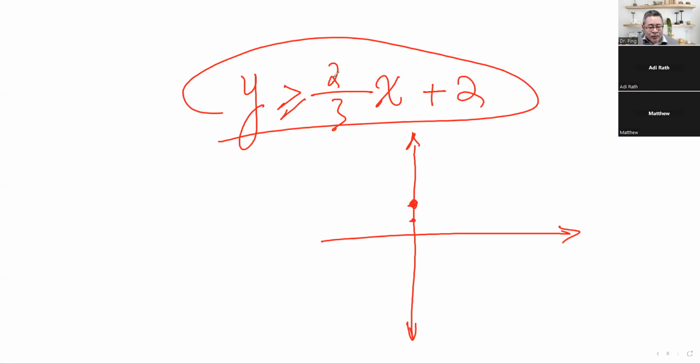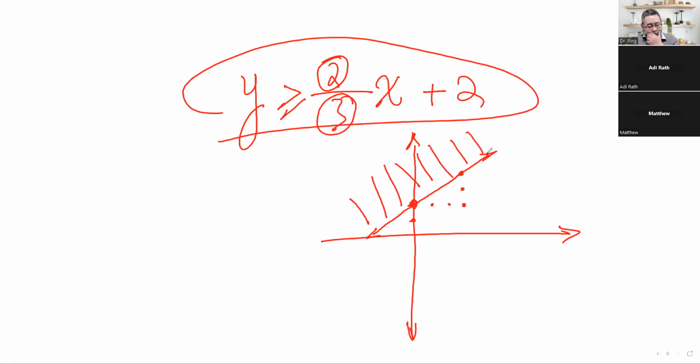Then our rise is 2 and our run is 3. So we go 1, 2, 3, that's our run. Then go up by 2, 1, 2. That's our second point. Then we can connect them. And because this is greater than, we shade anything above that. Good?